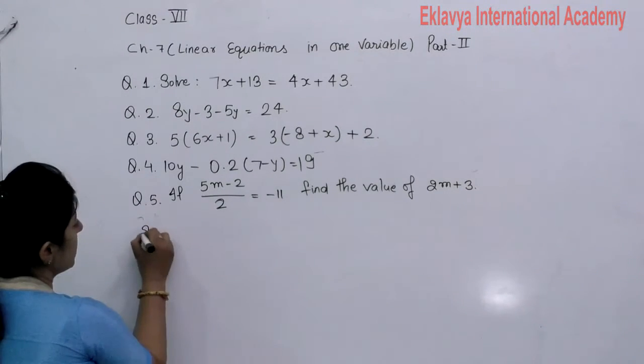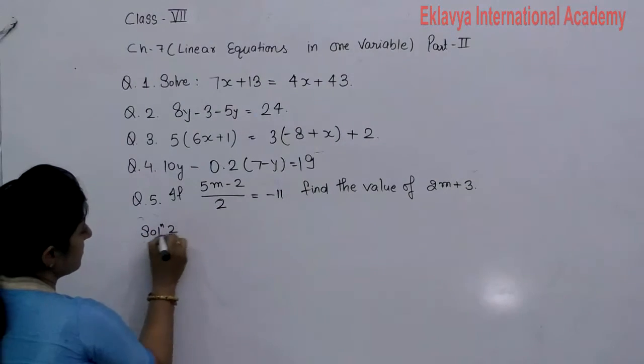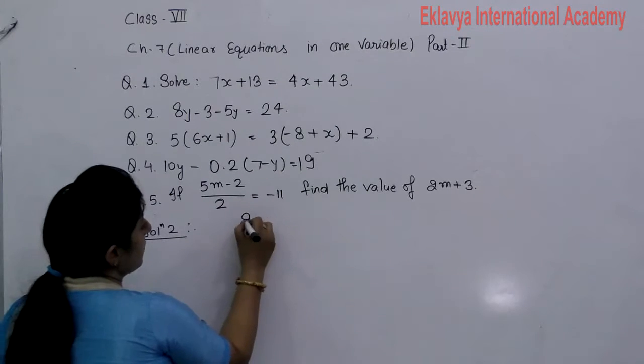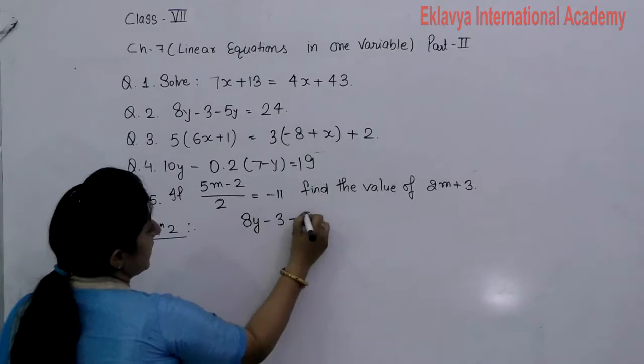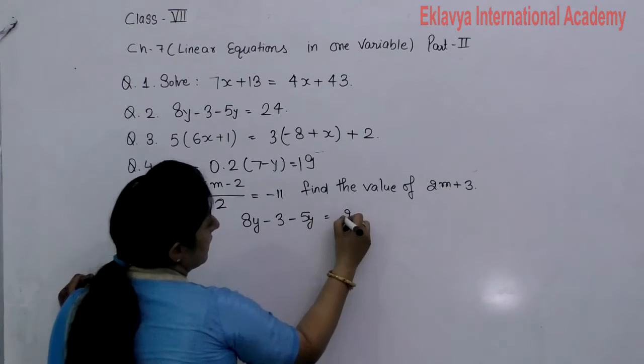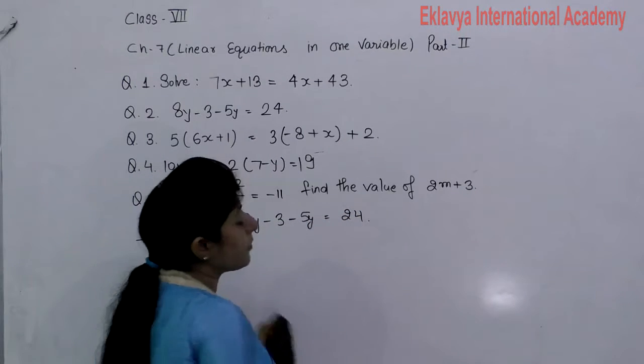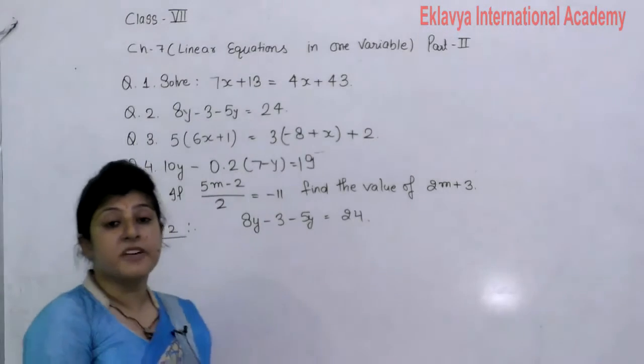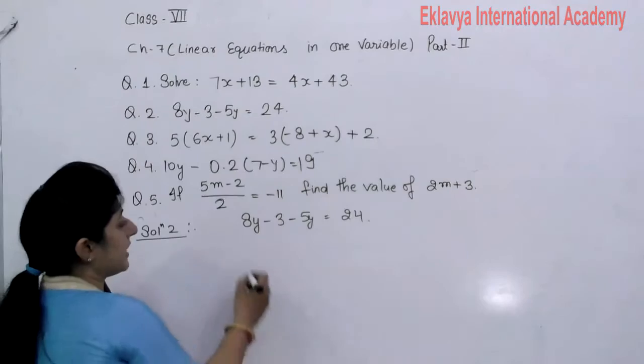Now see question number 2. It is given to you 8y minus 3 minus 5y is equal to 24. If you see properly, there are like terms on the same side. It means firstly we have to simplify.